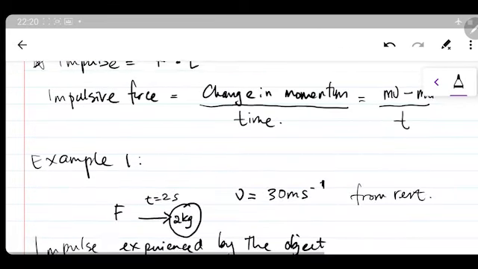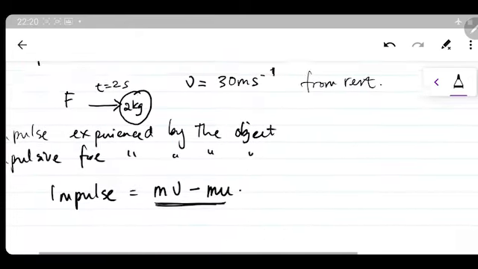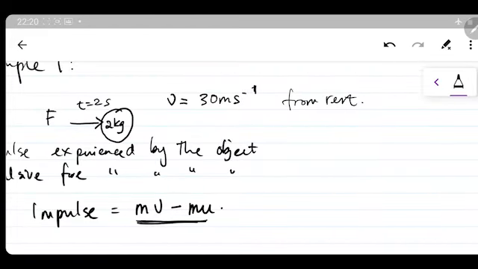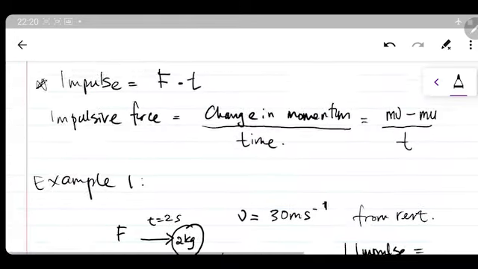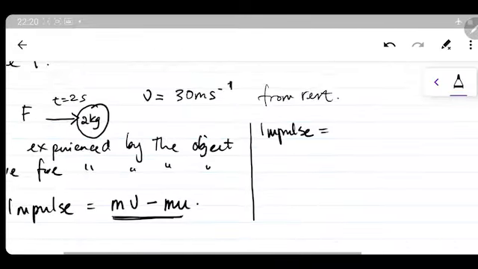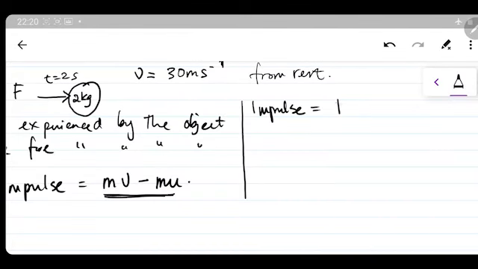Now look at impulse and impulsive force. Impulse is given as F multiplied by t: impulsive force multiplied by time of impact. Impulsive force equals mv minus mu, change in momentum over time.